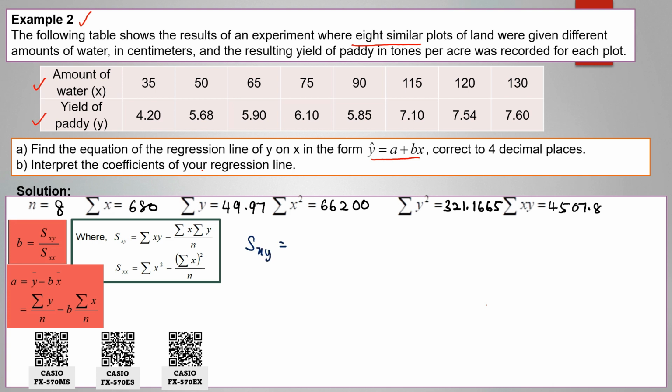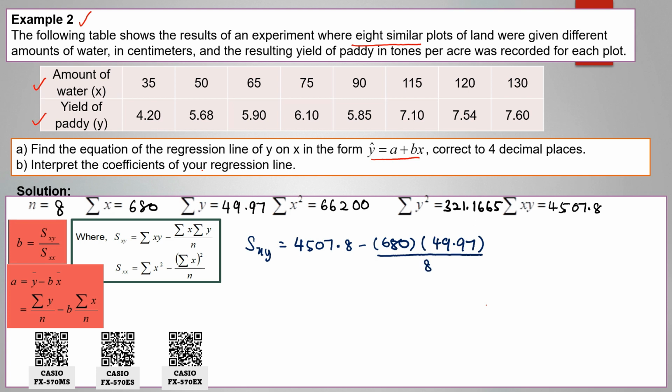SXY is equal to, let's put all the summations into the formula. We would have 4,507.8 minus summation x 680 times summation y 49.97 divided by n, which is 8.